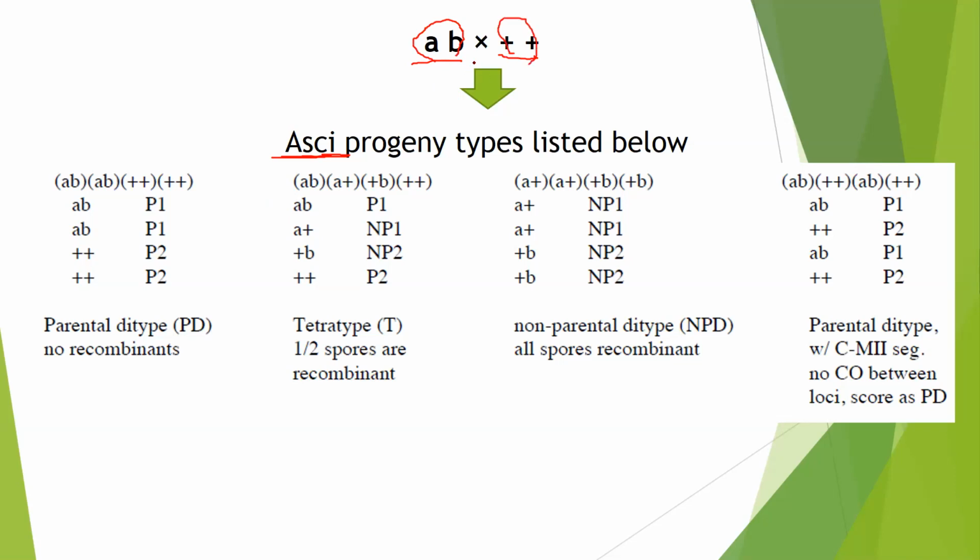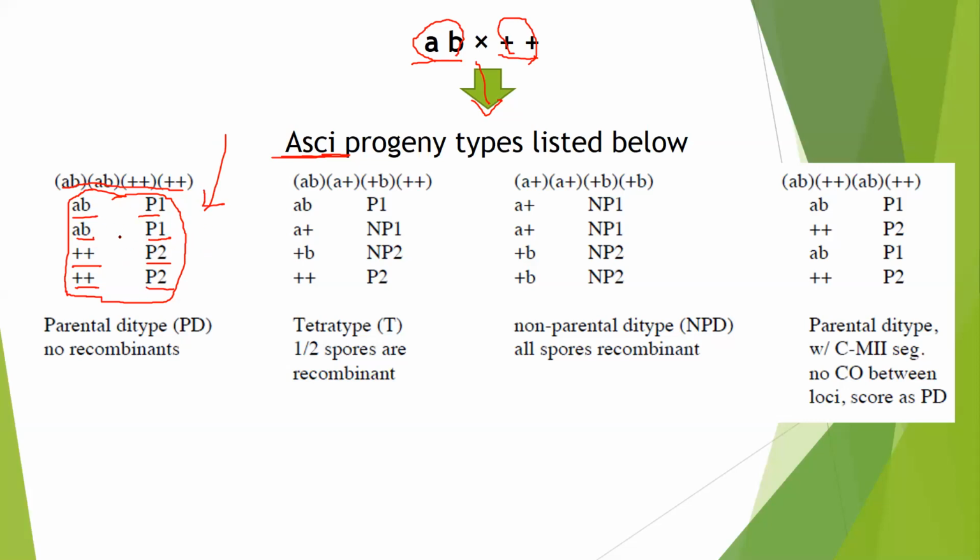And we're going to generate four types of ascus. If you look at the first one, I can use this notation, or if I put them in this way, you can easily see that these are parental type, parent 1, and these are parent 2. If there's no crossing over in this meiosis, you're going to generate an ascus like this.